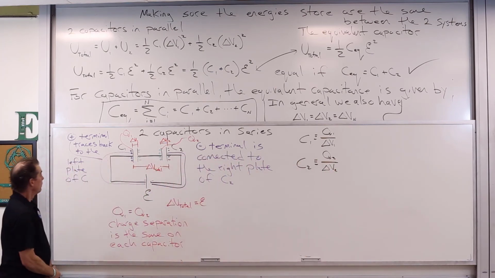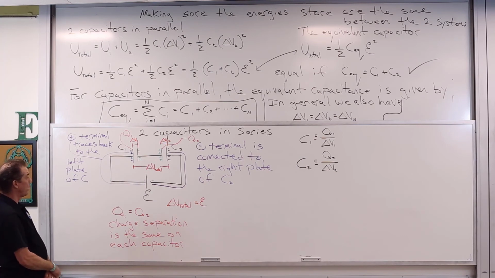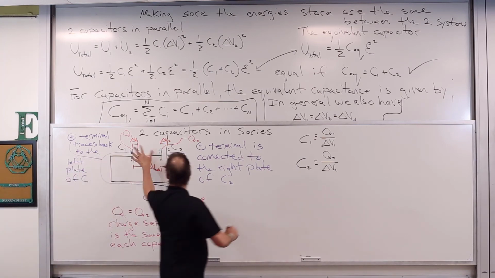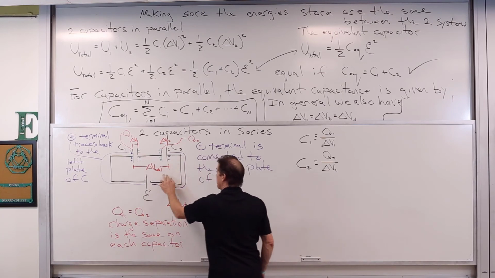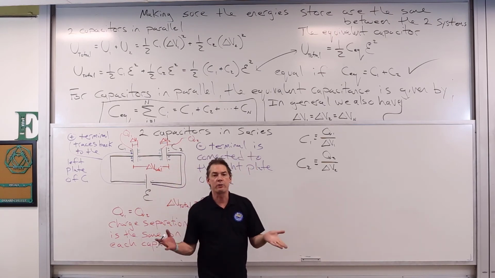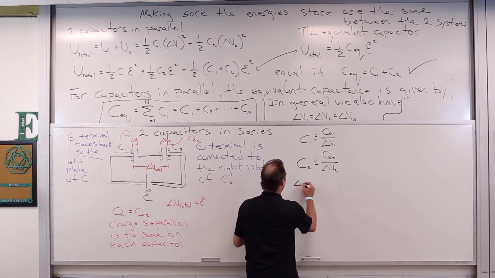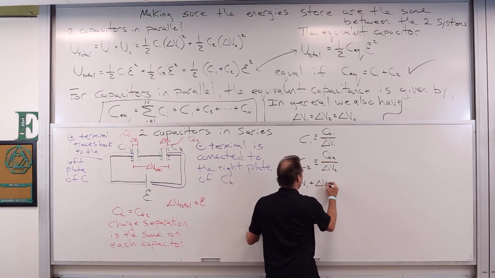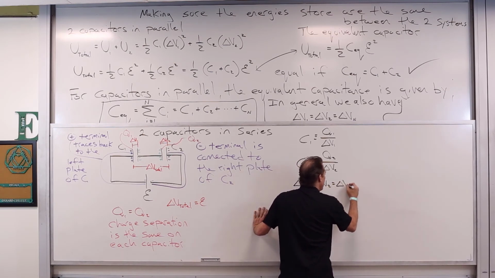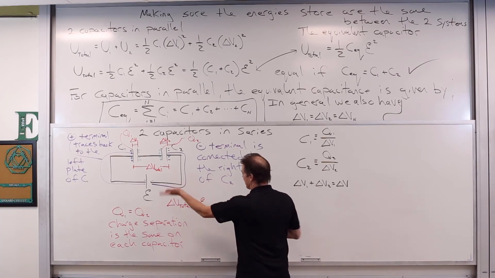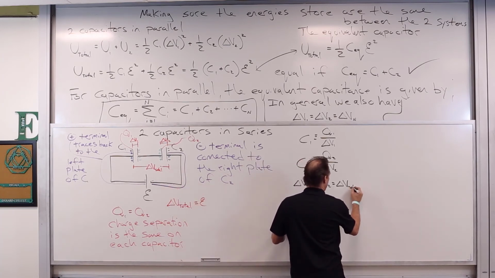We also note that delta V1 plus delta V2 has to be delta V total. There's no way around that. Delta V1 plus delta V2 must be delta V total, which is equal to that of the source.